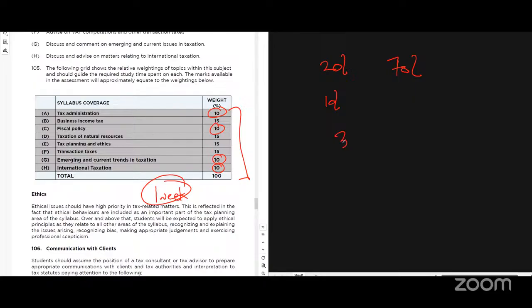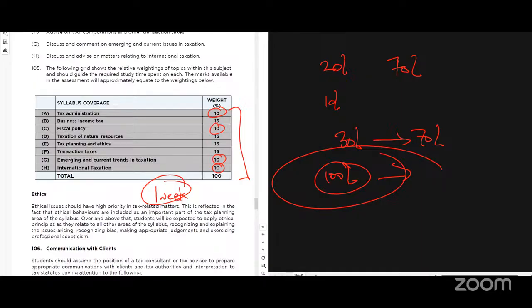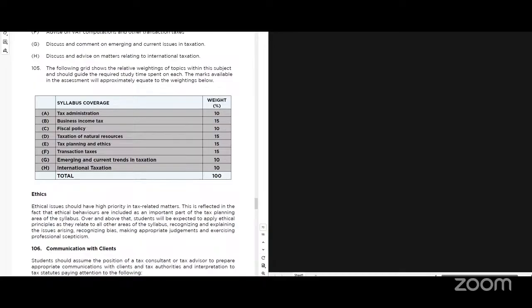But possibly 30% from tuition, 70 by you. But now it's like the tuition centers are doing 100% for you, and you just go and sit down and write. They don't learn. It hurts. I'm telling you the truth. It really hurts. Do you get me? So remember, that's why it's not everybody who is a chartered accountant.